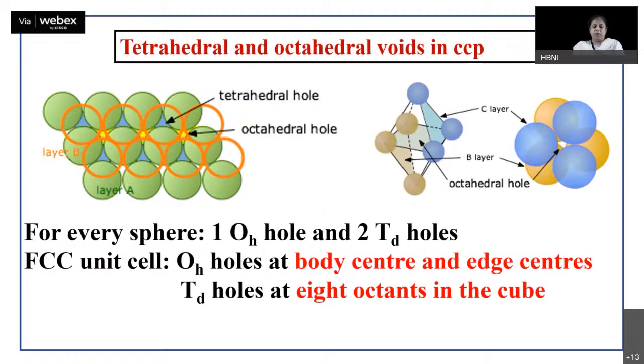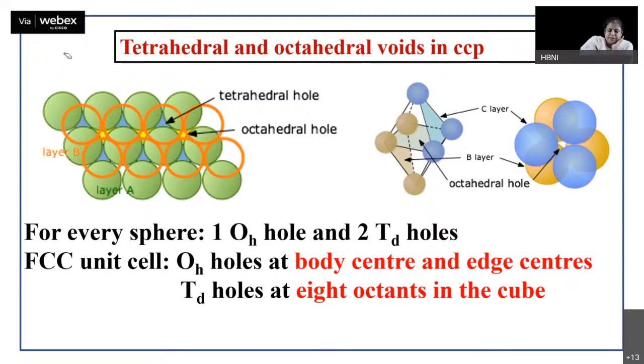Now, all of us know that in the close packed layer, for every atom of the close packed layer, there are 2 tetrahedral holes. For every atom in the close packed layer, there is 1 octahedral hole. So if n atoms are forming the close packing, we have 2n tetrahedral holes and n octahedral holes. And how can you see your tetrahedral hole in the packing?